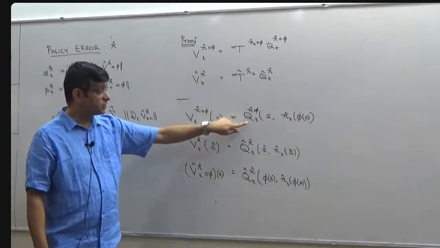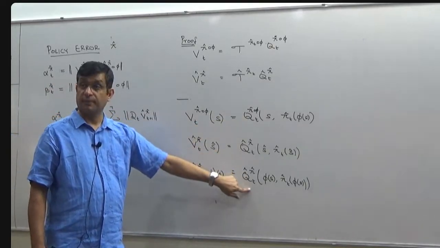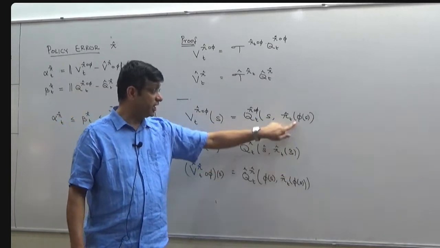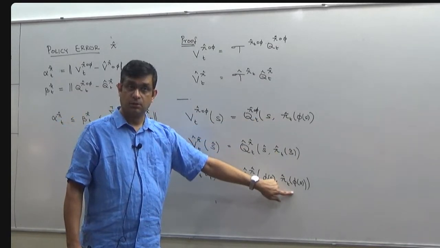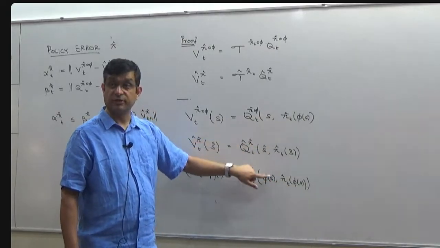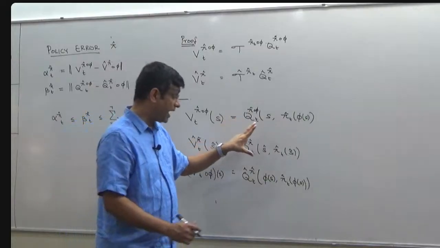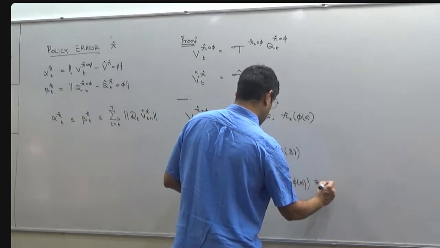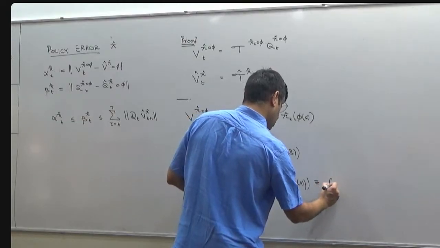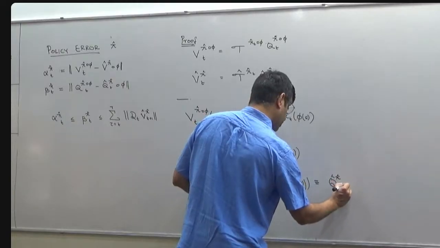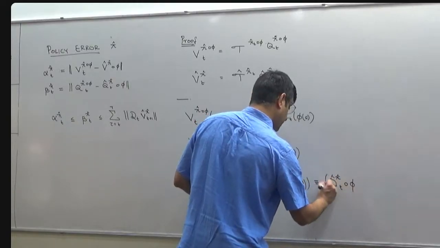Now, let us compare this guy and this guy. Okay. They are choosing the same actions, right, and the domains of their first components are different. So, by definition, this object is equal to q hat pi hat of t composed with phi.